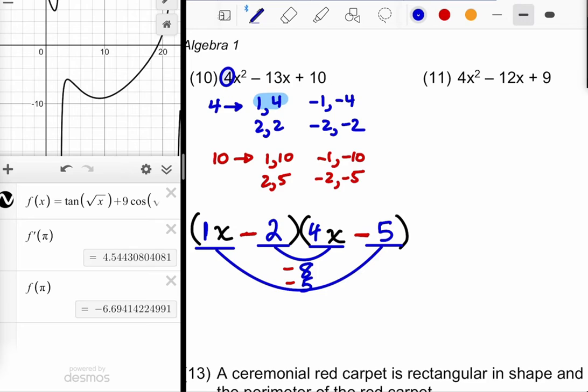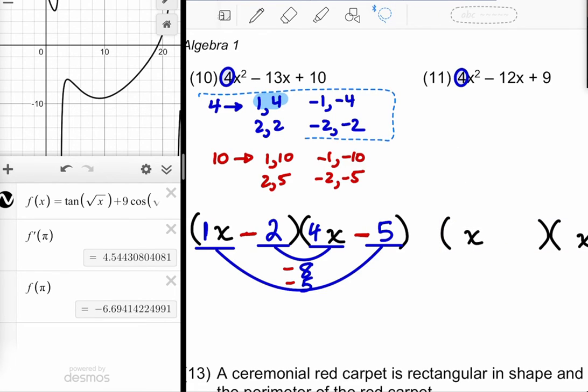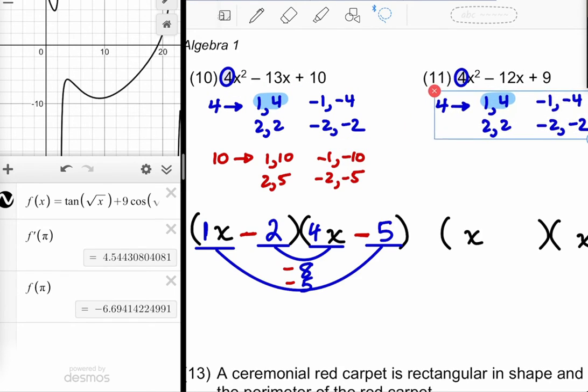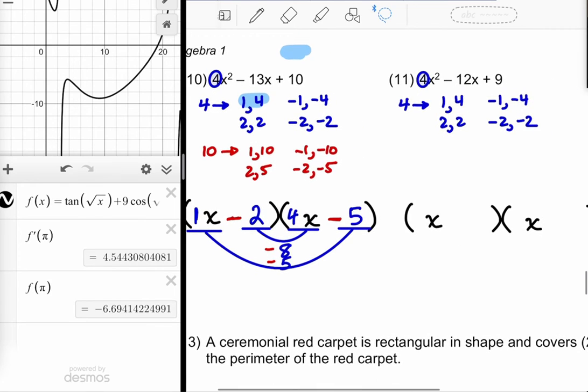So again, we need to get to a product of 4. Actually, I don't want to just do a copy paste there. Actually, I can do it this way. Get this in, then do the copy paste. It's not necessarily going to be the 1 and 4, so let me get that out of there.